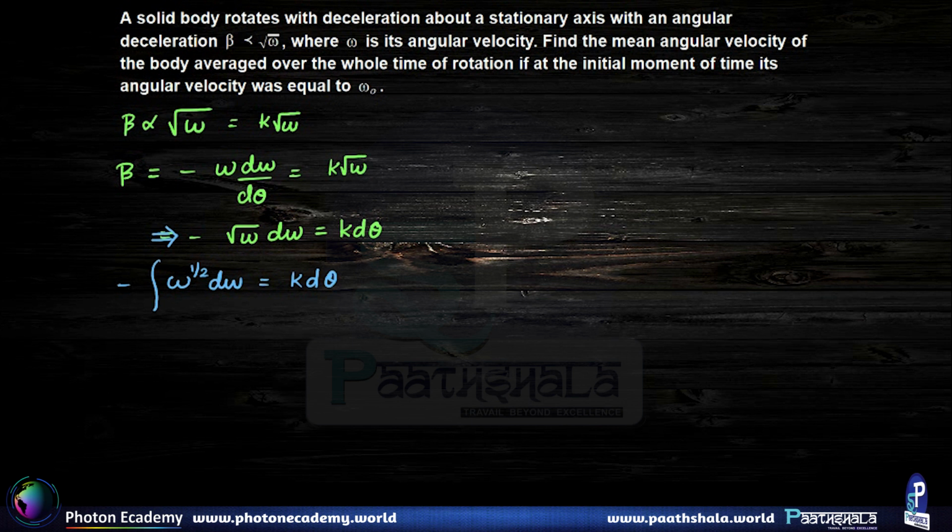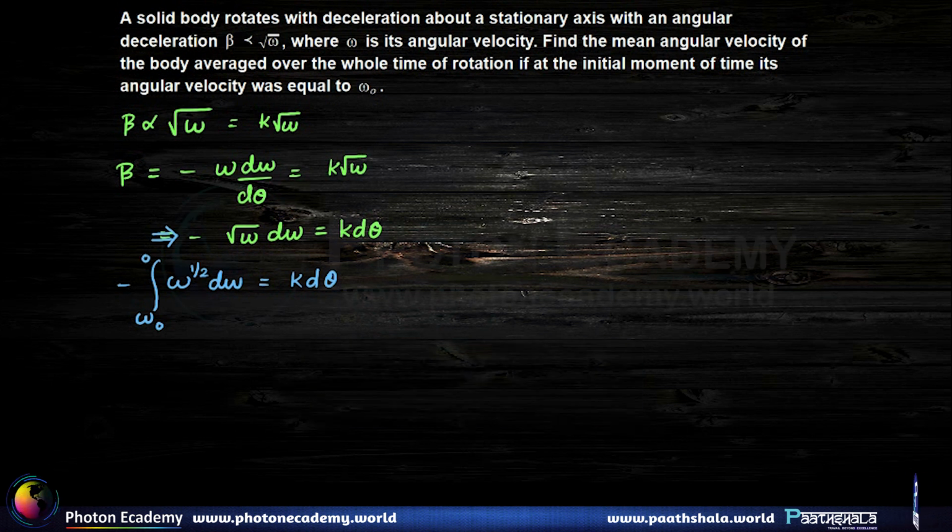Now initially it was rotating with omega naught, and the final value is going to be 0. The integration of omega raised to half is omega raised to 3 by 2 over 3 by 2.